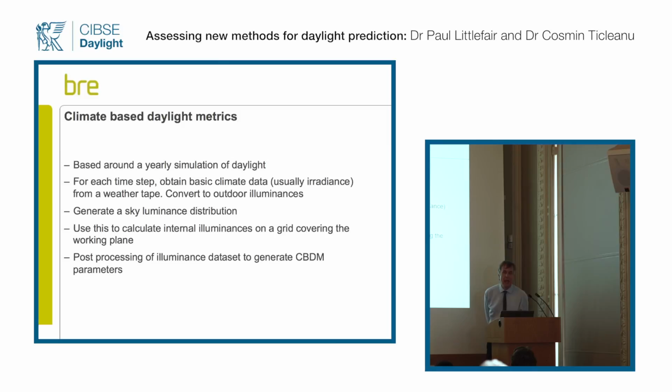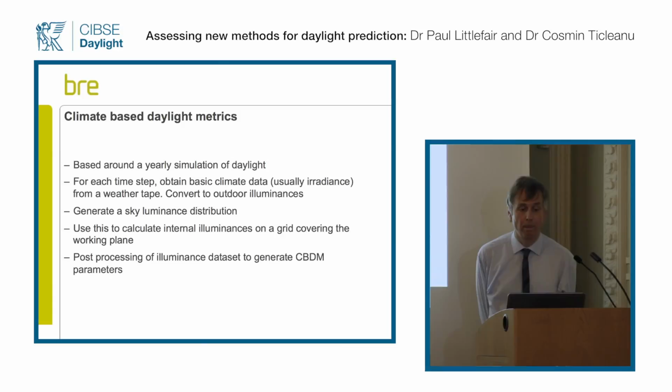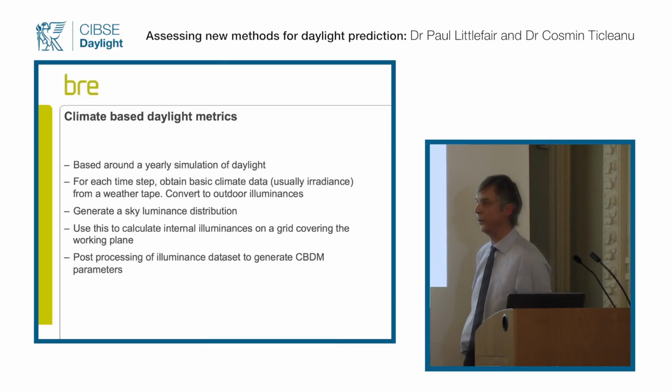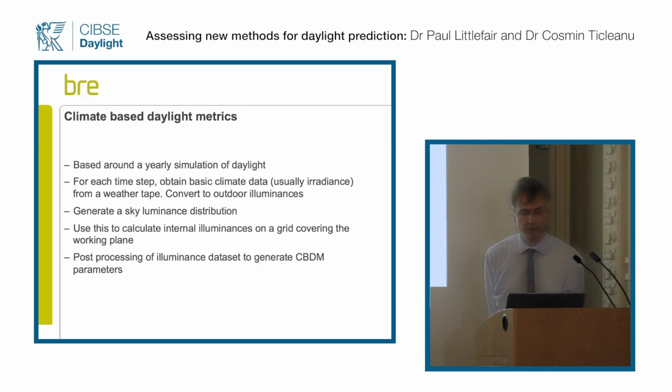So there's 18,000 instances when you've got to do all these first four things and calculate the daylight. And then maybe you've got, say, even quite a coarse grid on your working plane. Say you've got a 10 by 10 grid, that gives you 100 points. And so that will generate 1.8 million numbers compared to our one number, which was the average daylight factor.